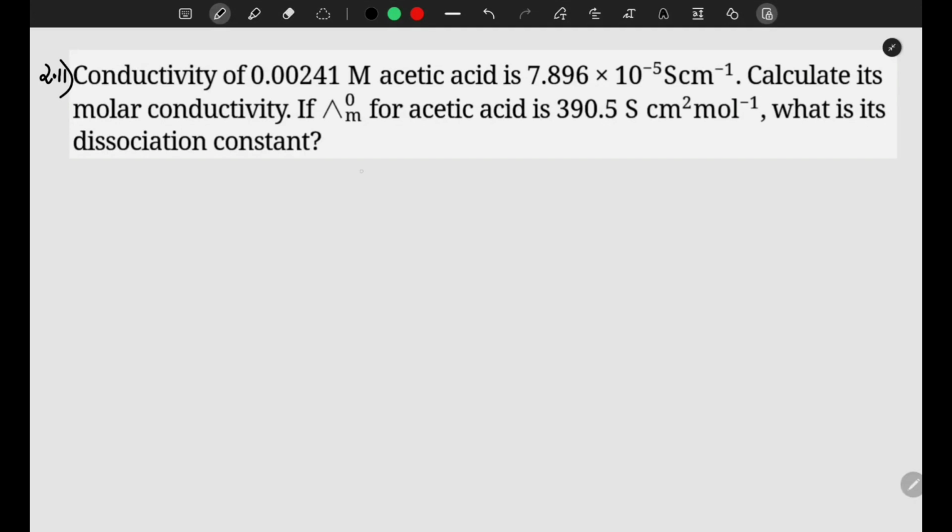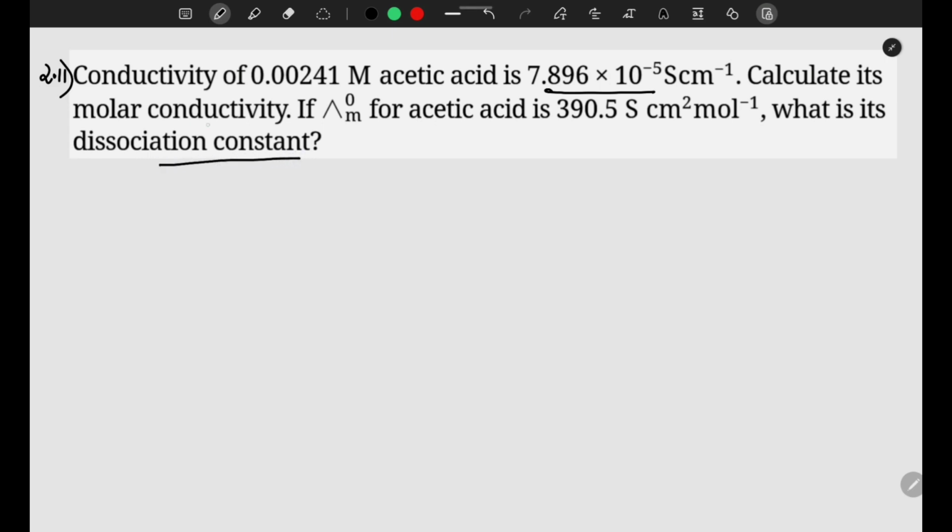Conductivity of 0.00241 molar acetic acid is 7.896 into 10 raised to minus 5 Siemens centimeter inverse. Conductivity is given. Calculate its molar conductivity. If lambda m naught, the limiting molar conductivity for acetic acid, is 390.5 Siemens centimeter square mole raised to minus 1, what is its dissociation constant?